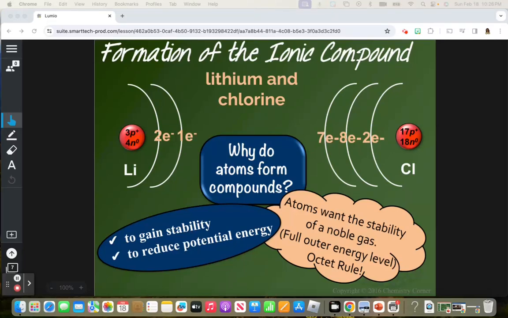They form compounds to gain stability and to reduce potential energy. Atoms always want to be stable, and the way to be stable is to have the noble gas configuration of 8 valence electrons, which is known as the octet rule. Be sure to add these things into your notes.